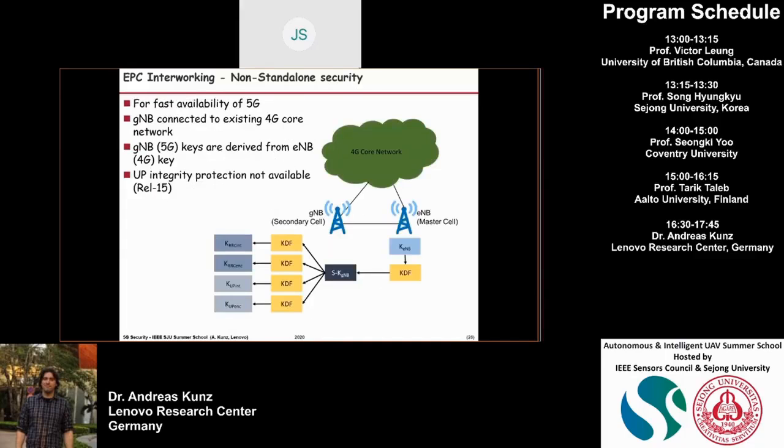And we have also the so-called non-standalone security, which means that the gNodeB is connected to the eNodeB for a fast rollout of 5G. So this means that the eNodeB is responsible to generate the gNodeB key and give it to the gNodeB, which is acting like a secondary cell in 4G. 4G already had the concept that you can have a secondary cell for dual connectivity.